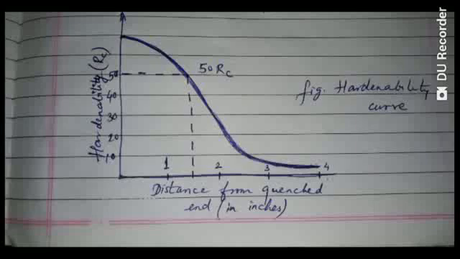For example, if you want to check where you have achieved 50 RC, you can plot it, drop down, and find the distance from the quenched end where you have achieved this 50 RC. So this is the hardenability curve.